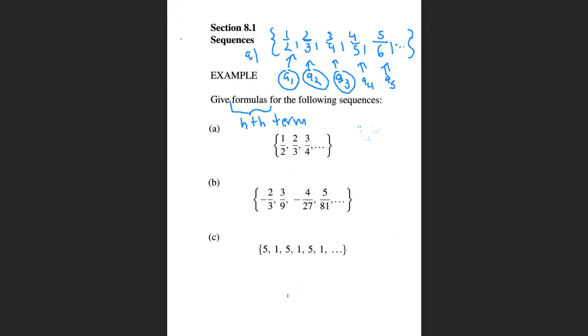That's right. Good. So the nth term here is going to be n over n plus 1, where n goes from 1, 2, 3, and so forth. That's the answer.